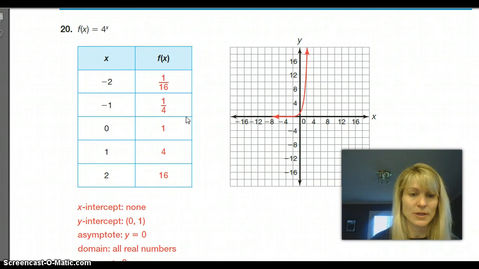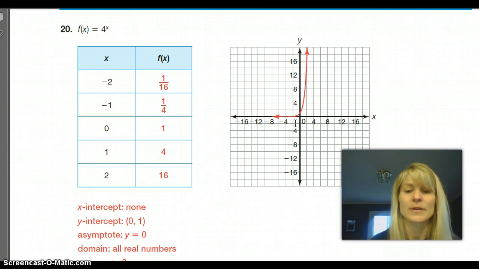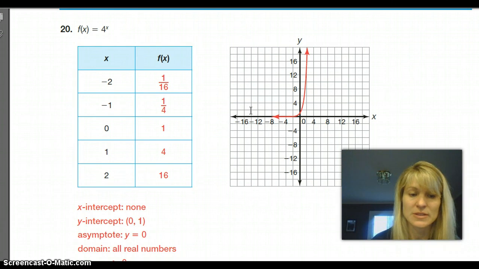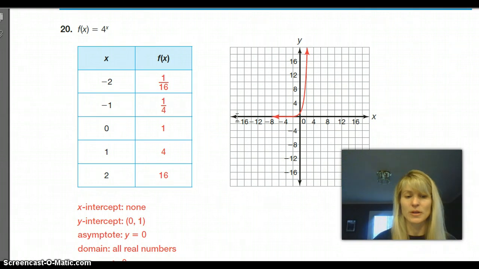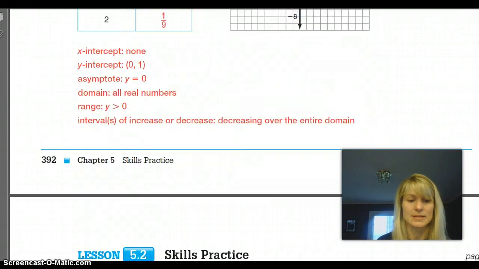If you look at your table that you create here, it won't ever get to where y is a negative number or y is even 0. So that's why the asymptote is y equals 0, which means it will never equal where the coordinate y is 0, meaning it'll never cross the x-axis.